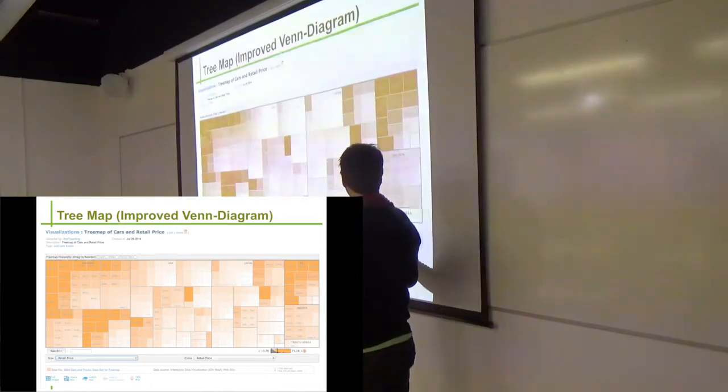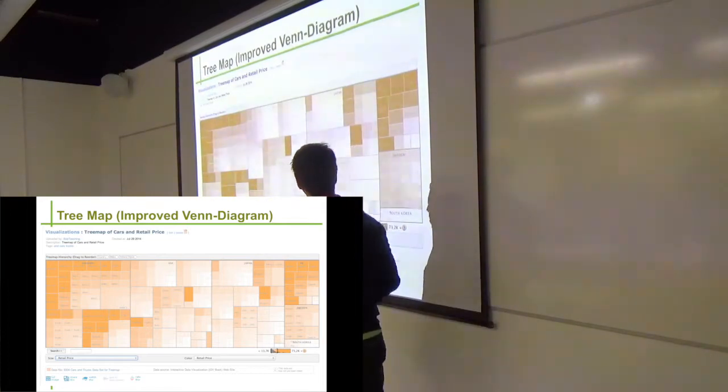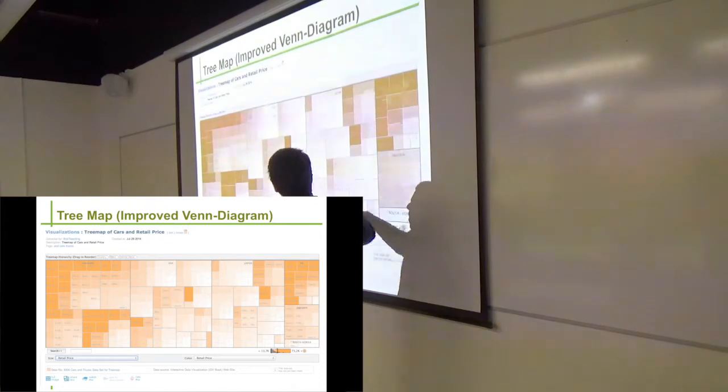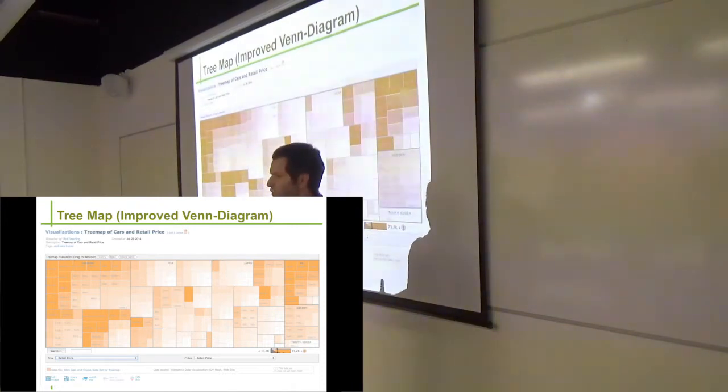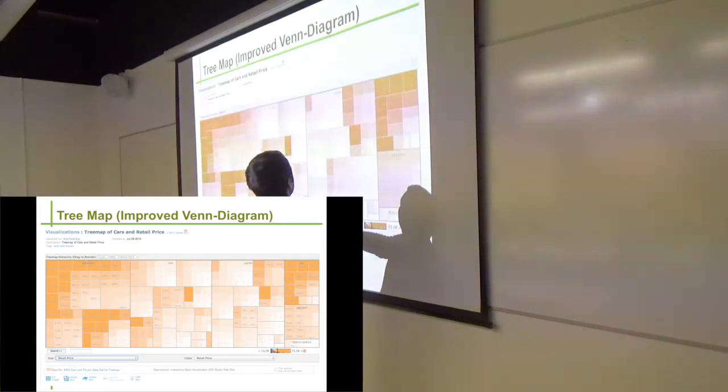So the more expensive cars get the darker brown, and the less expensive cars are white, right? So you can see right away, for example, that on average, Japan has the cheapest or the lowest retail price cars, and Germany has the most expensive ones. You can see that in a second by looking at this. And the US has sort of a mixture.